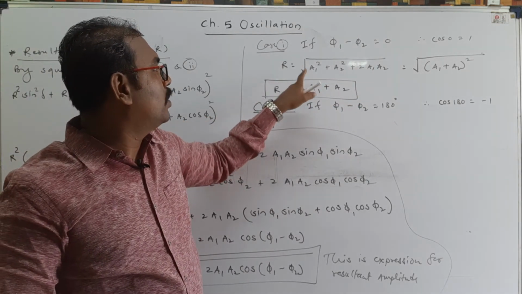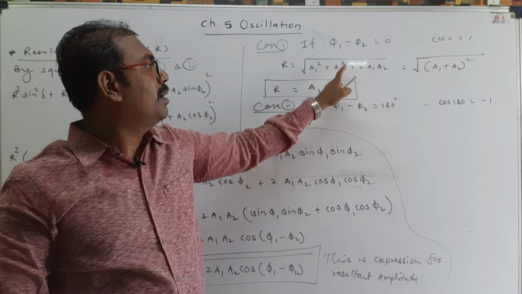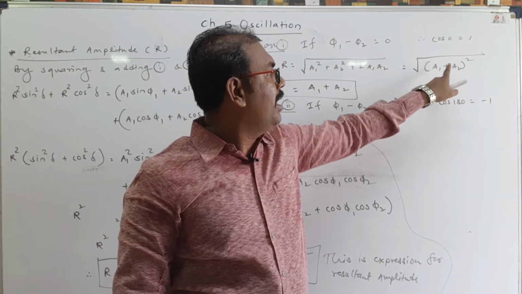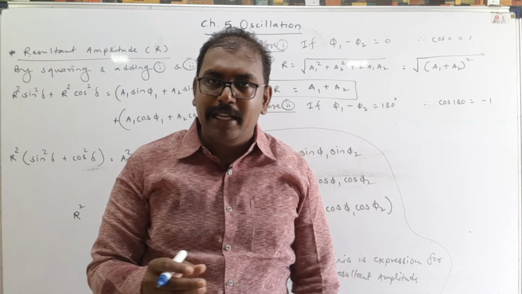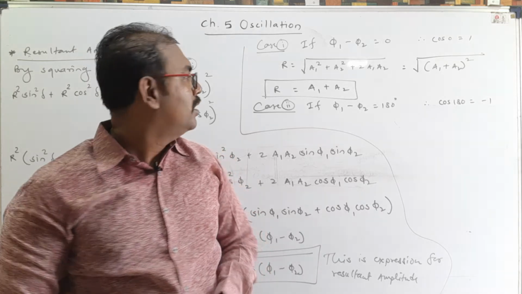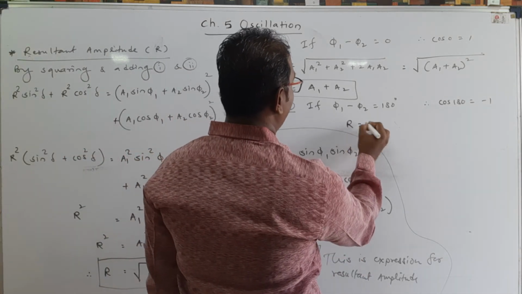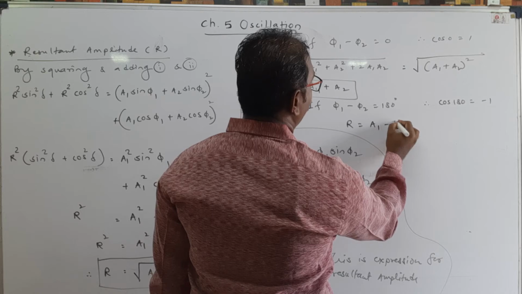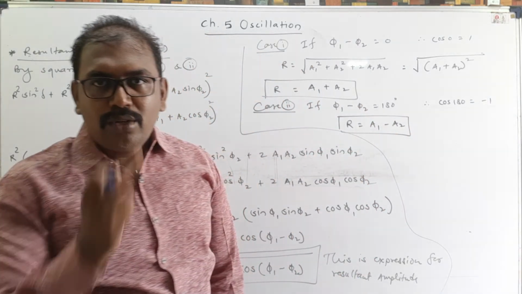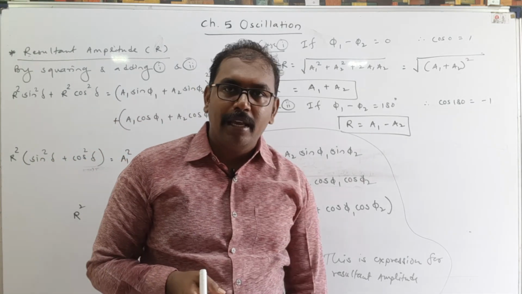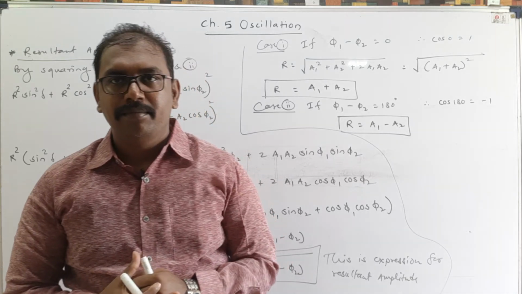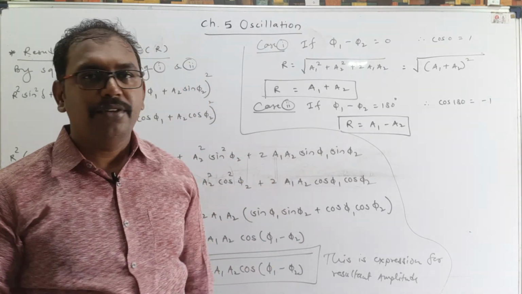So r is equal to under root a1 square plus a2 square minus twice a1 a2, which is the expansion of a1 minus a2 bracket square. You know that a minus b bracket square is a square plus b square minus 2ab. So by using that, r is equal to a1 minus a2. So this is the resultant amplitude. When two waves are in opposite phase, or the phase difference is 180 degree, the resultant amplitude is a1 minus a2.